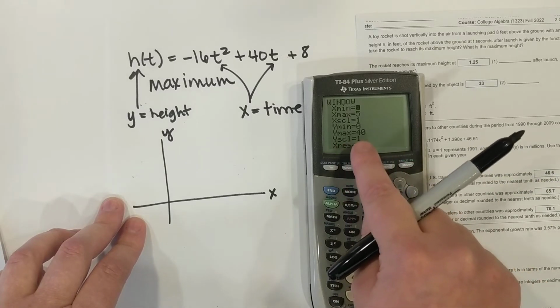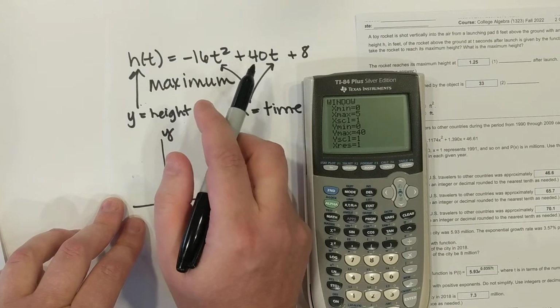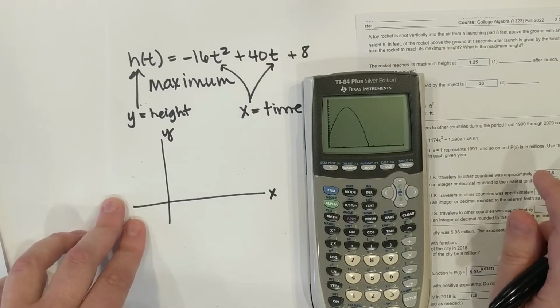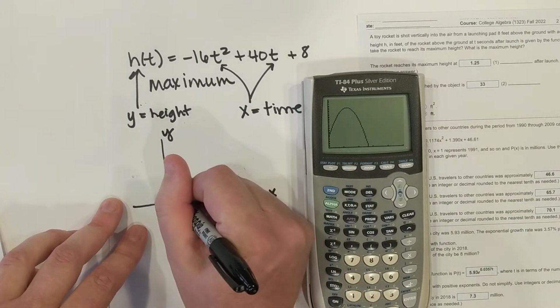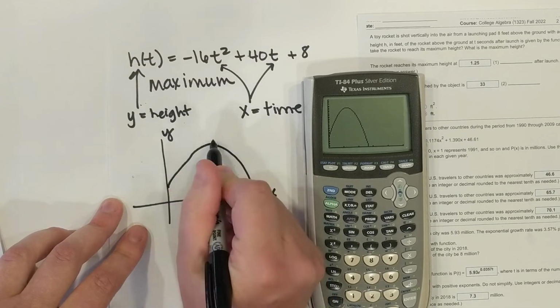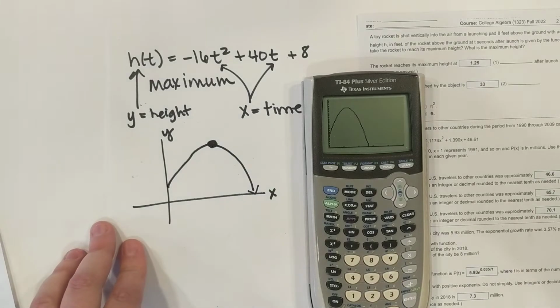The y usually, maybe this number possibly would be a good starting place. So here's a look at the graph. Okay, so it goes like this. Starts 8 feet above ground, goes up, and we have a maximum right up there at the top.